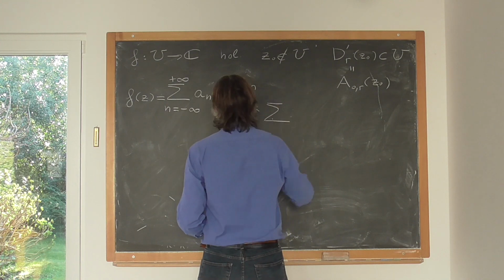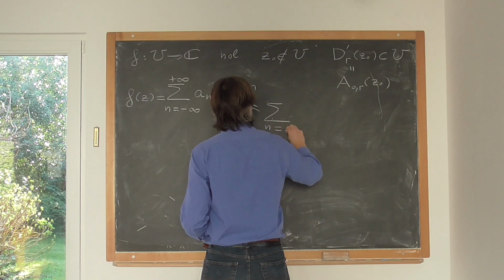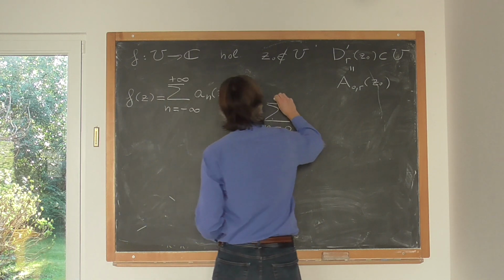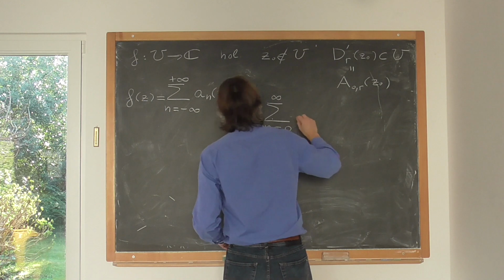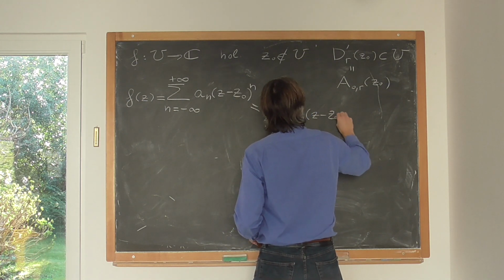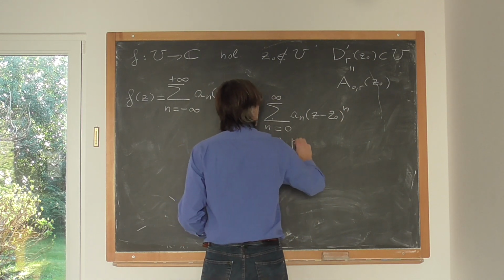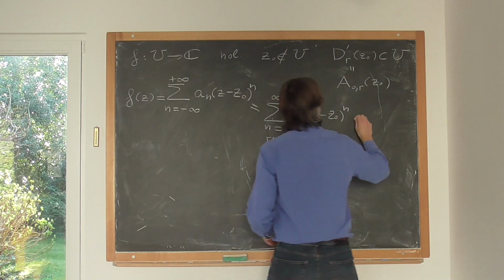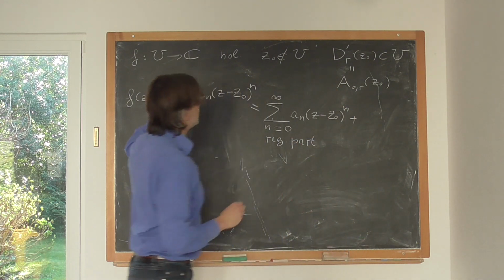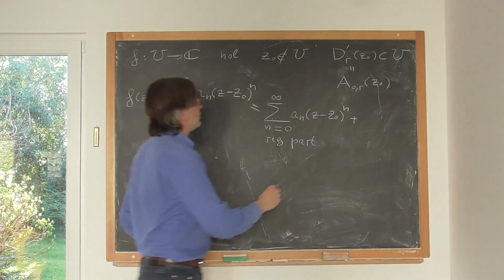First we write the regular part of the Laurent series, the sum for n non-negative, n goes from 0 to infinity, of a_n (z minus z naught) to the power n. This is the regular part. Plus, we can write the principal part of the Laurent series.